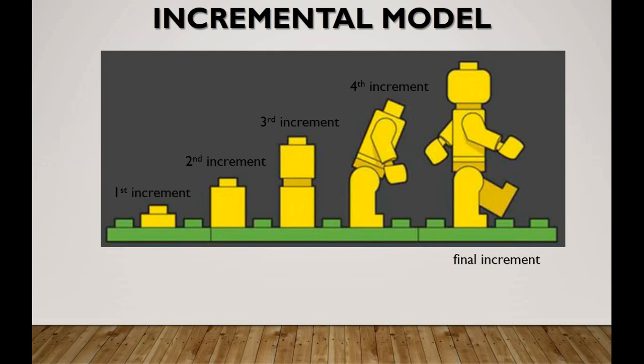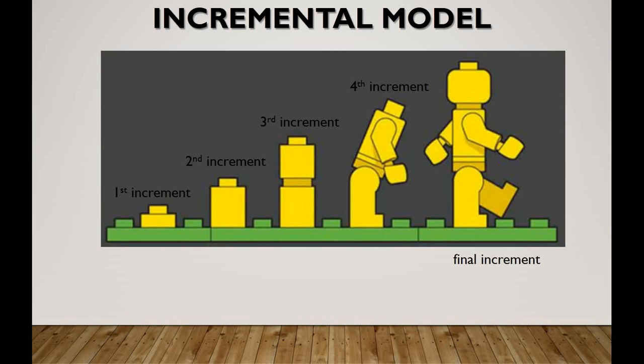So in the waterfall model, we have seen that software must be very small to apply a waterfall model to it, but in the incremental model, our software will be large and we will develop it increment-wise. Meaning in the first increment we will give some code or some activity that can be performed by the user.